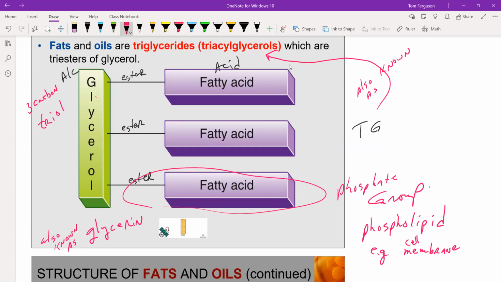Another characteristic is they're very non-polar, which is a key component when you're using a fatty acid glycerol triglyceride as a membrane component, because you want to make sure that the polar areas that are undergoing water-based reactions are separated from other water-based reactions.